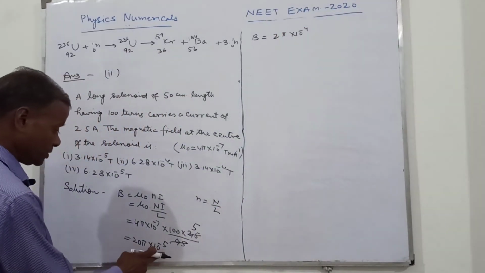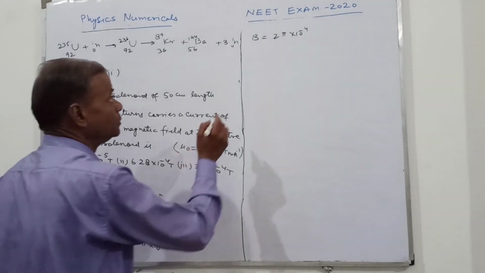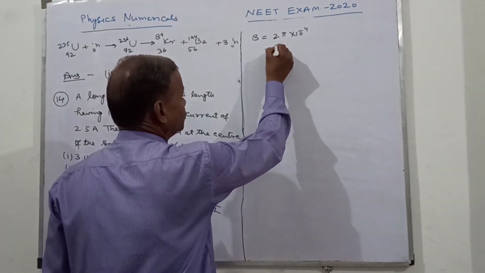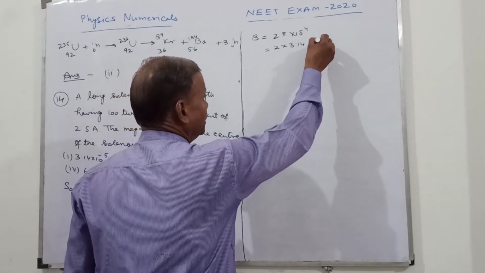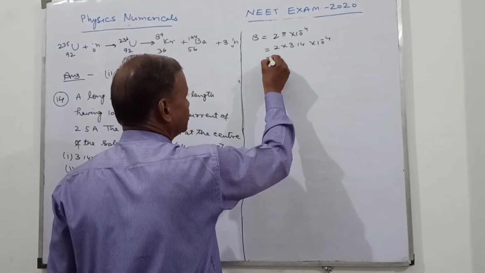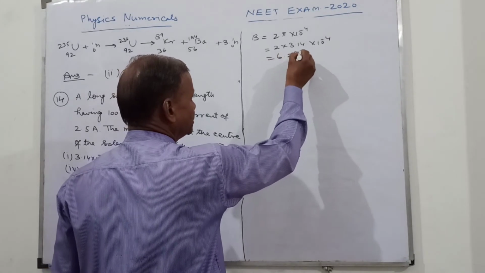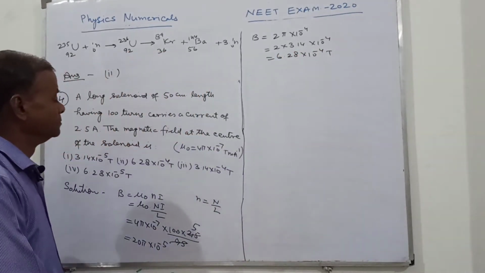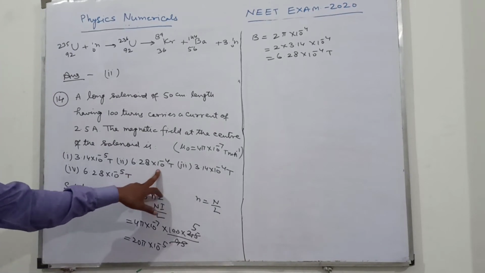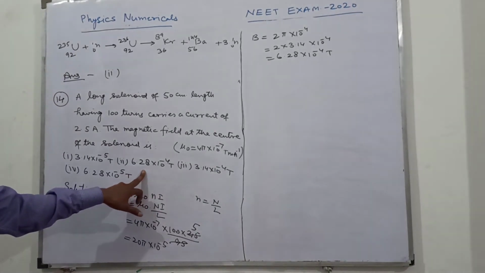So 2 pi is 6.28, so this is your 6.28 into 10 raised to the power minus 4 Tesla. And now choose this, so this is now your second option.